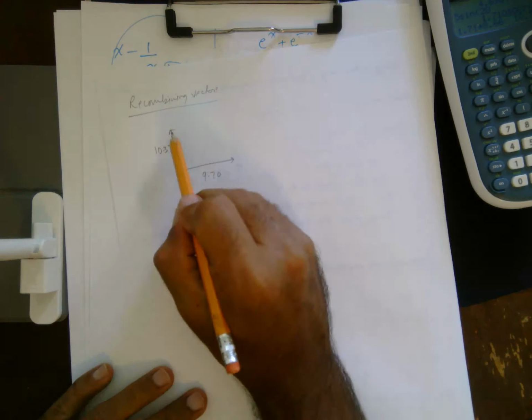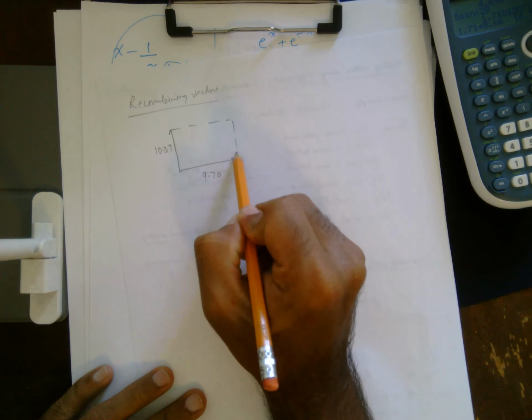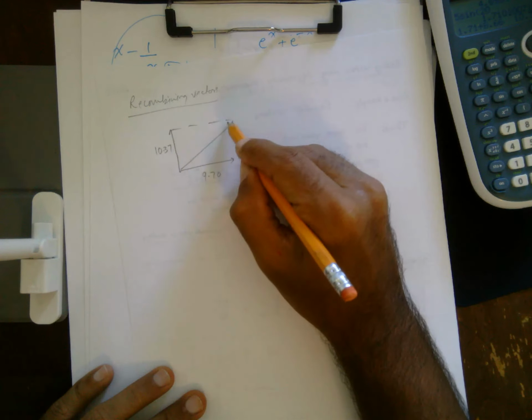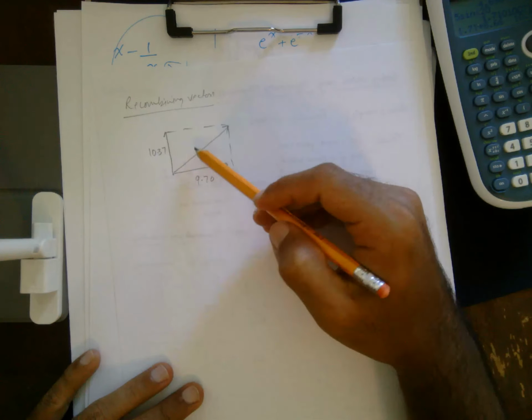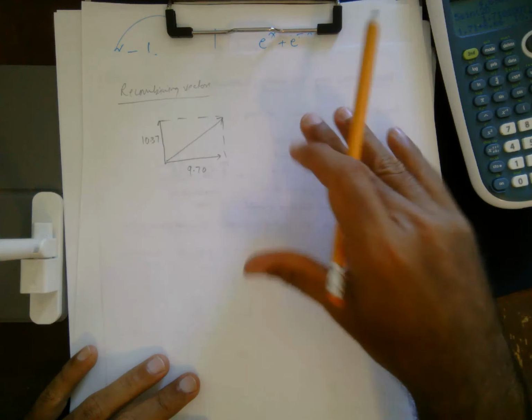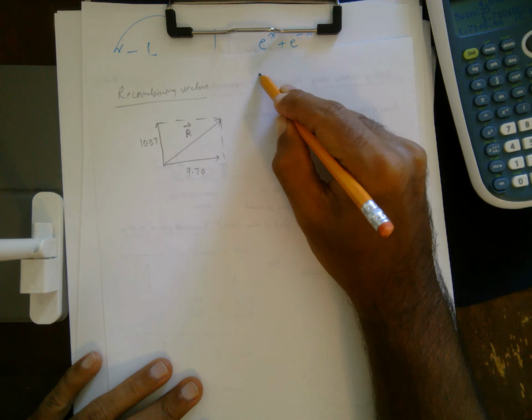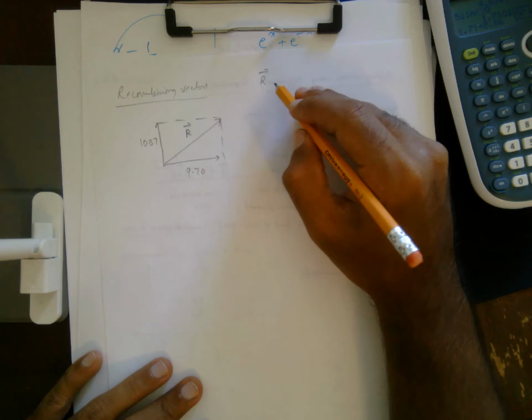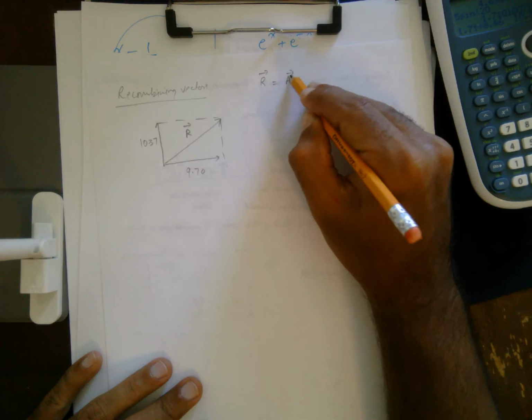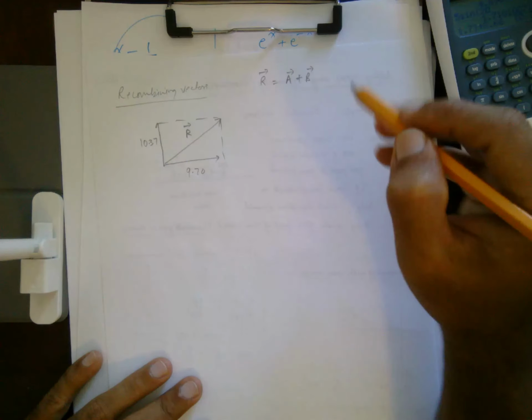Now by addition, we know that that's the recombined vector. Let's call this vector R. R, the recombined or the resultant vector, is the sum vector.